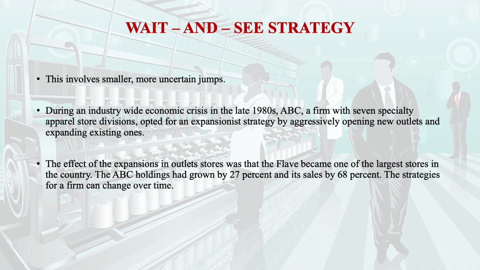The effect of the expansion in the outlet stores was that the company named Flav became one of the largest stores in the company, and ABC holding had gone up by 27% and sales by 68%. So this strategy changed the company's market share by a large amount.